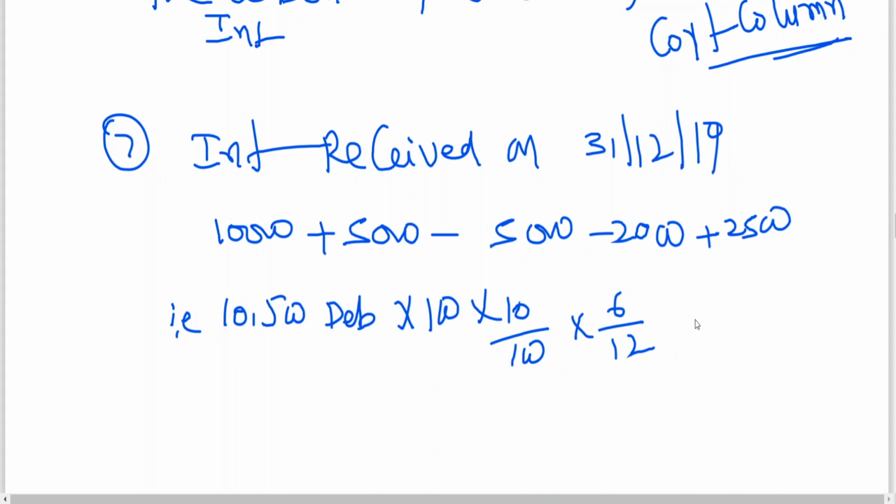You are getting 52,500 as interest received. 10,500 debentures into 100 rupees into 10 by 100 into 6 by 12. Clear to all of you? I think this is how you have to work out the problem.